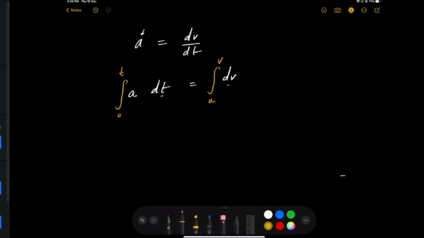Correct? Okay. Now if you observe a little bit, you can see that there is a 1 there, which you cannot see. Now a is constant, that comes outside. Here again 1 remains, and here you have dt, and here you'll get 0 to t, and again here you have u to v and 1 and dv. Correct.